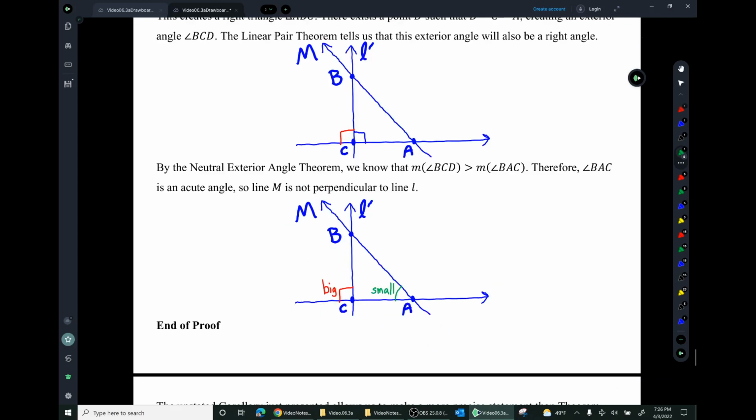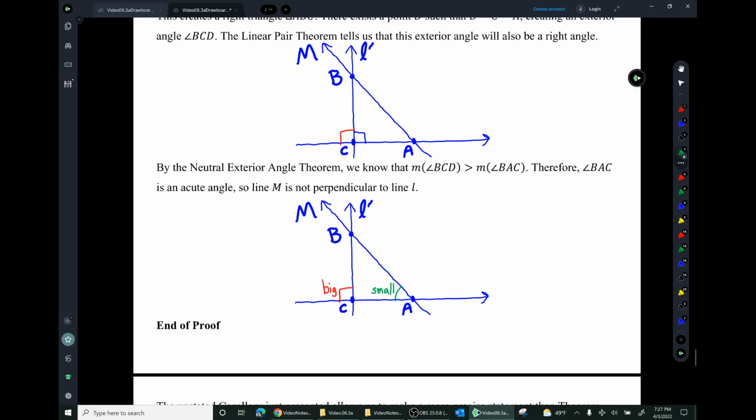Notice that this line L makes a triangle. And for that triangle, we have this angle here that's an exterior angle. Now, for that exterior angle, this angle over here is a remote interior angle. And so the neutral exterior angle theorem says that this angle has a larger measure than this angle. Well, that one red angle is a right angle.